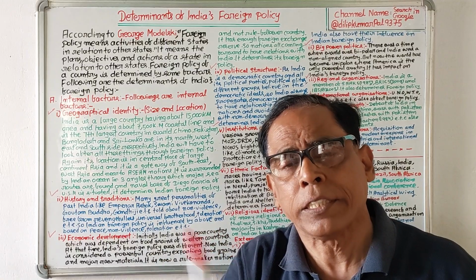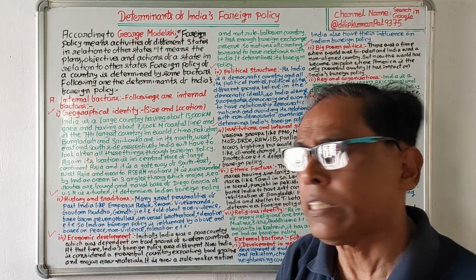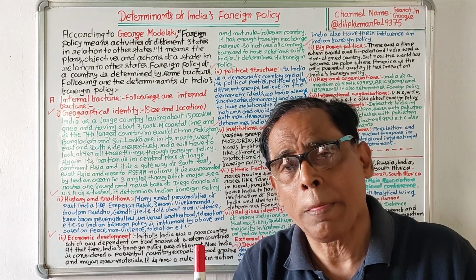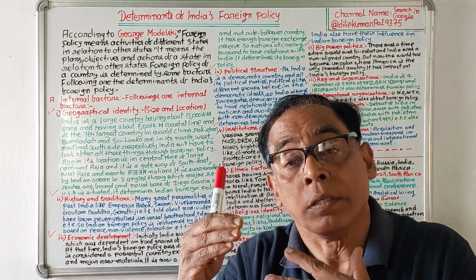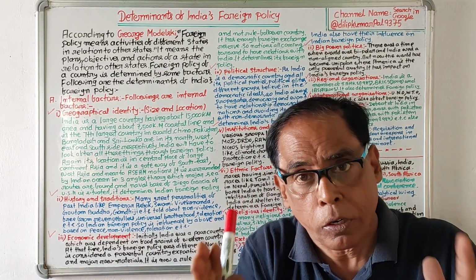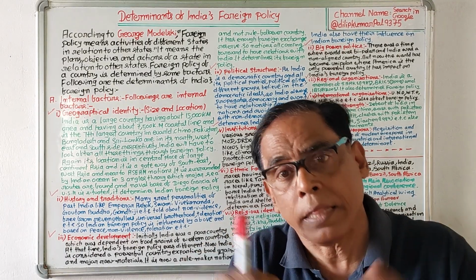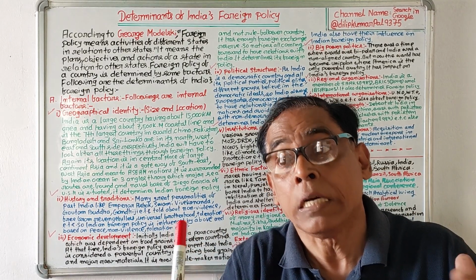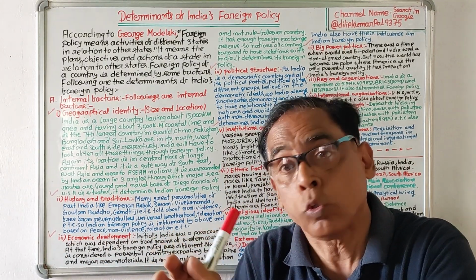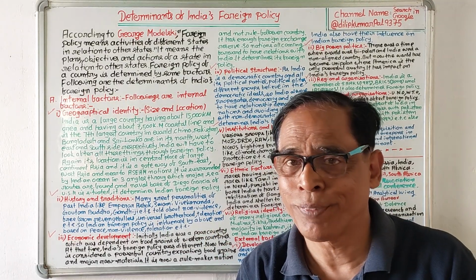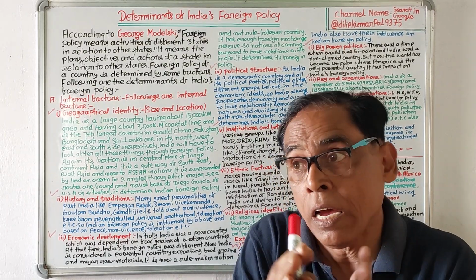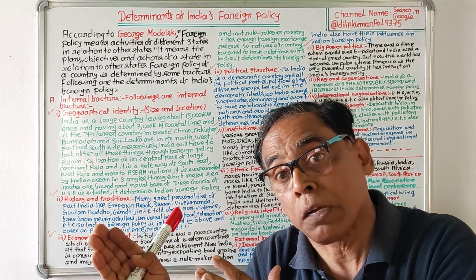Another factor which determines India's foreign policy is history and tradition. It means in India there were personalities like Gautam Buddha, Emperor Ashoka, Mahatma Gandhi, Swami Vivekananda. They told about non-violence, toleration, not to take revenge, and peace. These personalities have had their impact on India's foreign policy.